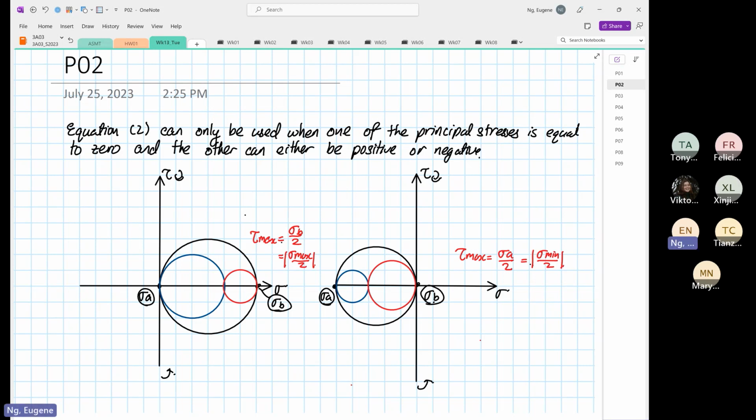So again, this is only true if the biggest diameter circle has one at 0, and the other one is either positive or negative.